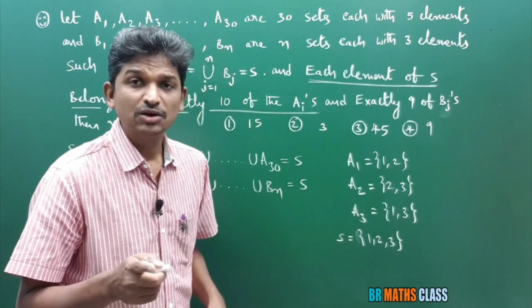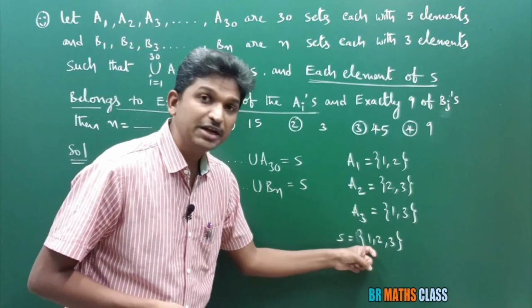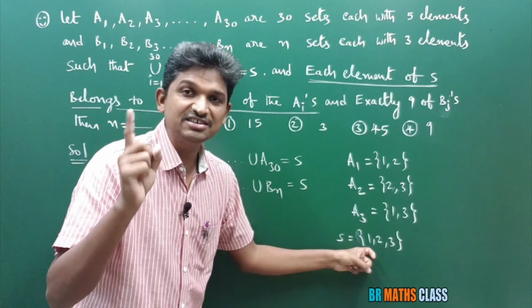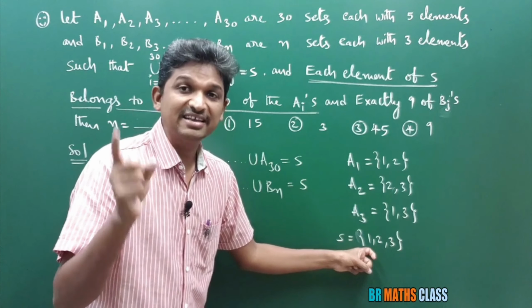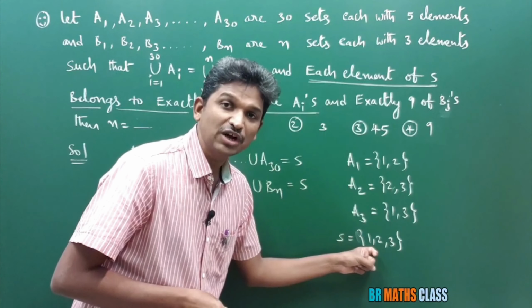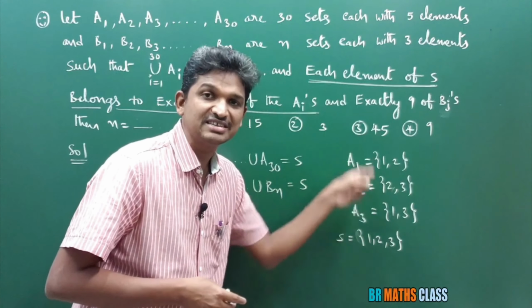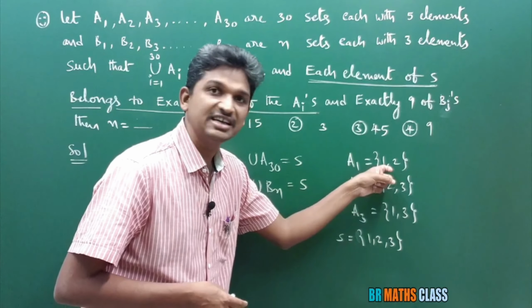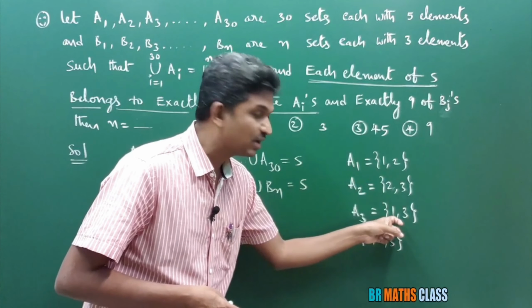And you observe here what I considered, each element of S, this is important, is in exactly 2 of the A_i's. Suppose I take 1 here, that 1 will be in 2 sets of these 3 sets. The first set contains 1 and the third set contains 1.